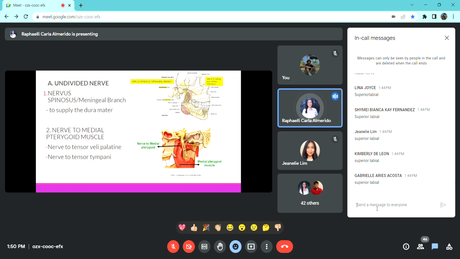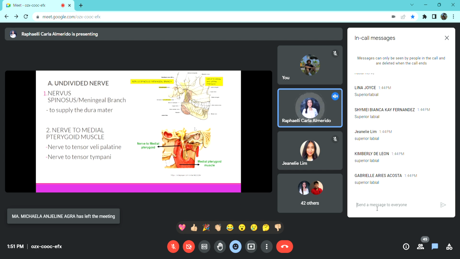Number 2, we have the nerve to medial pterygoid muscle, which innervates the tensor veli palatini and the tensor tympani. Sometimes they refer to this undivided nerve as the common trunk.